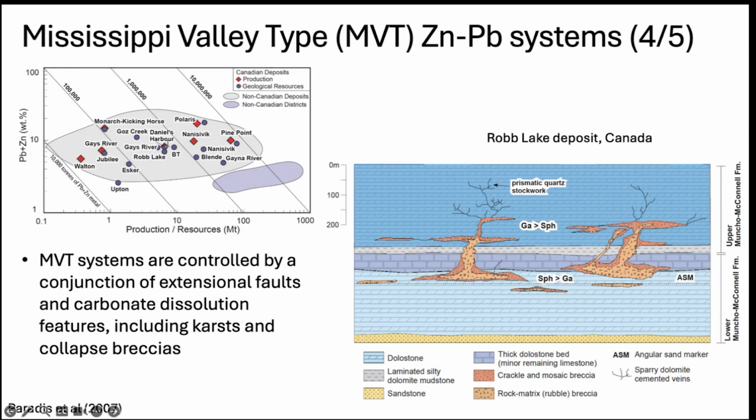Whereas when I talked about the porphyry copper deposits, I mentioned that a good porphyry copper deposit is maybe 1% copper. The diagram on the right is for one of the MVT deposits in Canada, the Robb Lake deposit, showing that it's a replacement.